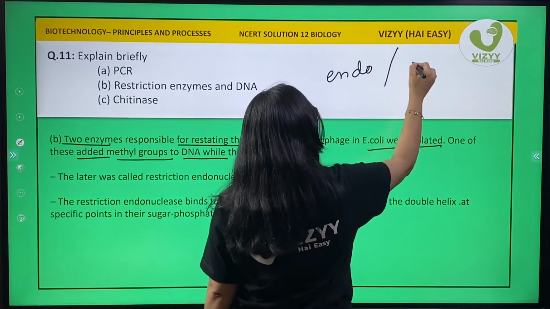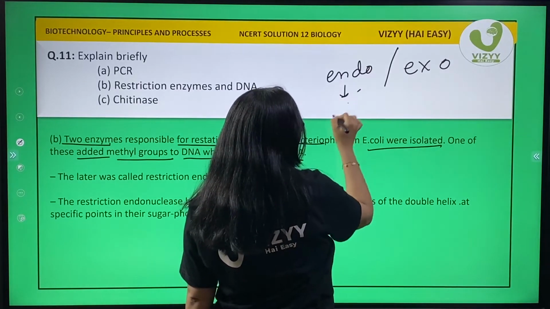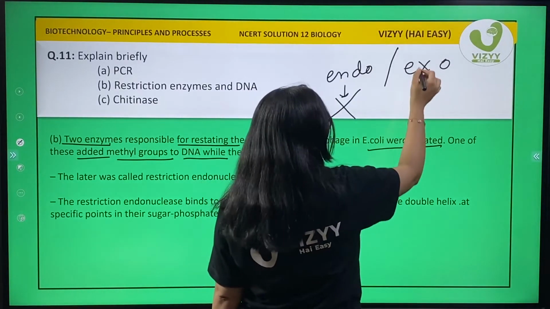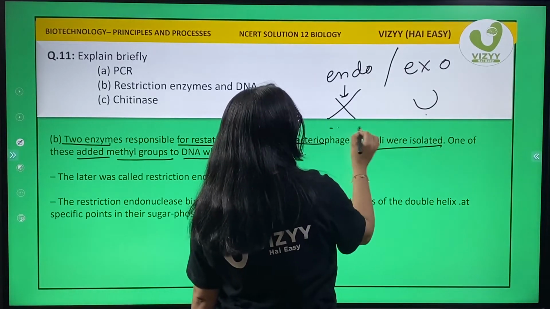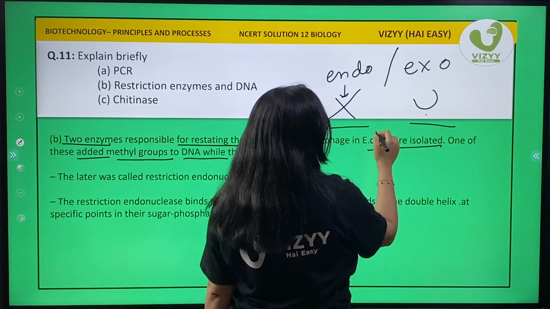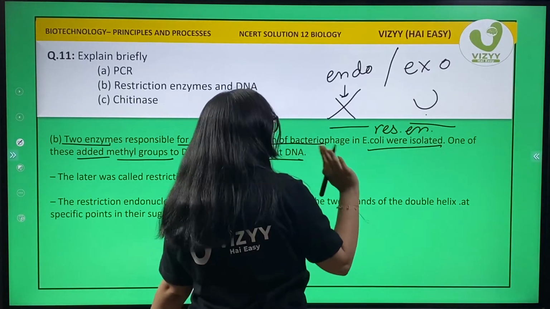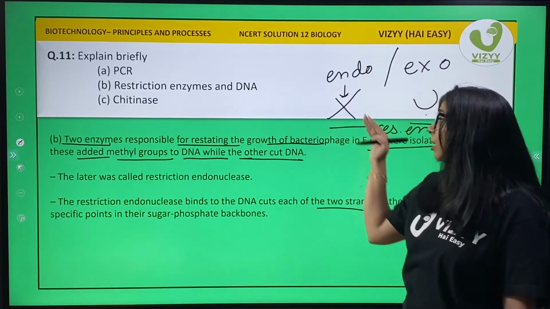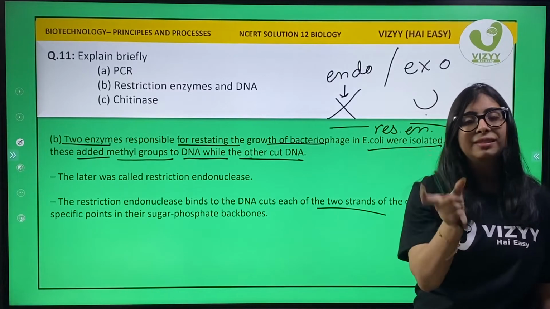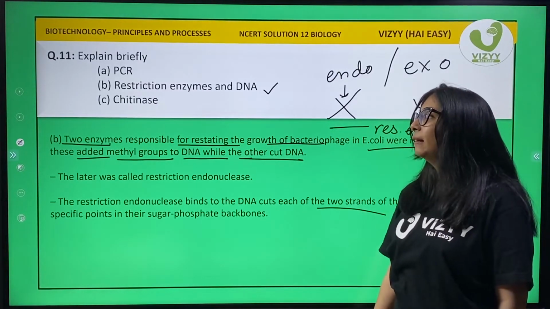Endonuclease will cut, and exonuclease will cap. The cut is made at a specific site only. So we are done with restriction enzymes and DNA.